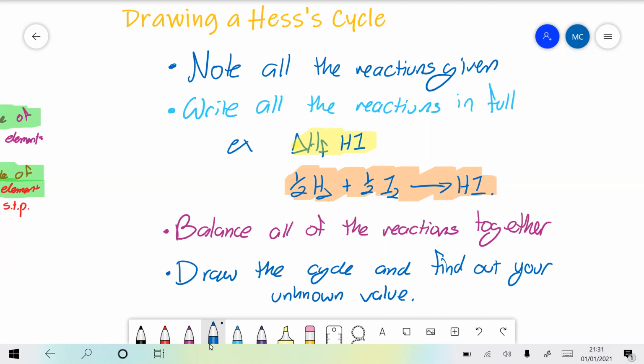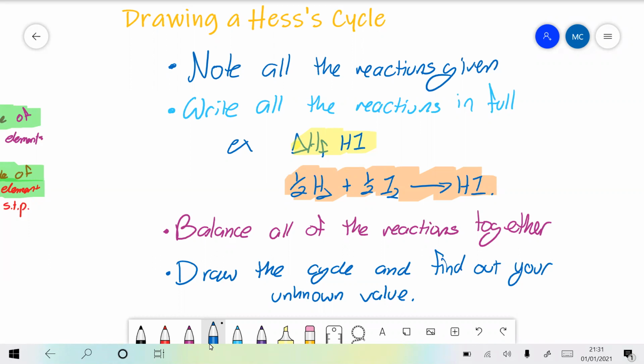So, what do we mean here? First and foremost, balance all of the reactions together. In a Hess cycle, it's important that if in one reaction you are producing 2 HI, all the other reactions must include 2 HI. We'll see this in the examples that we're going to be showing you throughout the next few minutes.